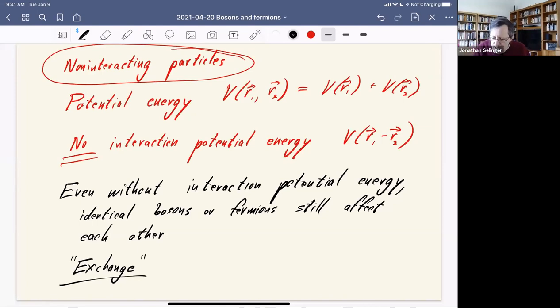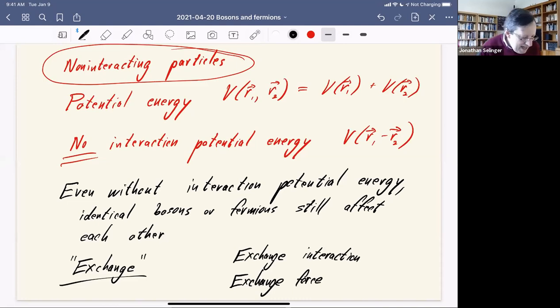And so people sometimes refer to this as the exchange interaction or the exchange force. This thing is not a potential energy, but it still has physical effects. It's just a matter of the symmetry, but it has physical effects anyway.